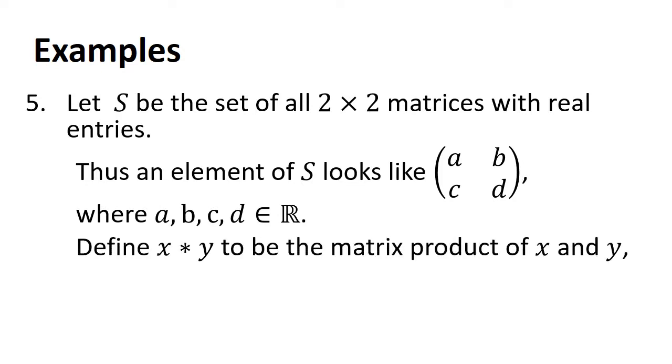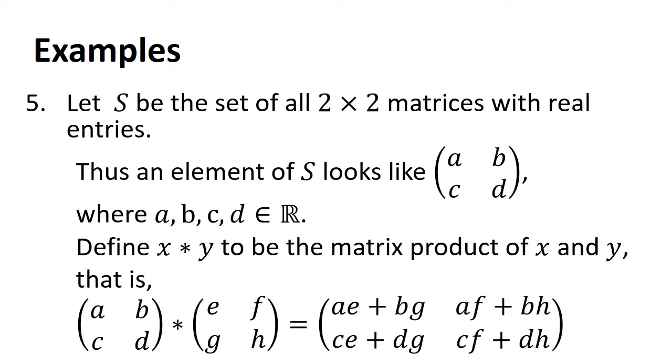And we define a binary operation xy to be the matrix product of x and y. That is, this is matrix multiplication. When we multiply matrices, this is the formula for 2 by 2 matrices.